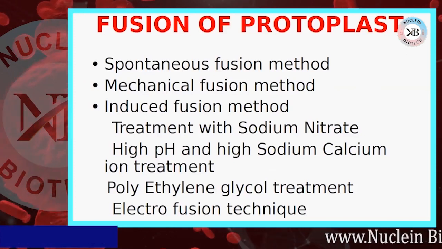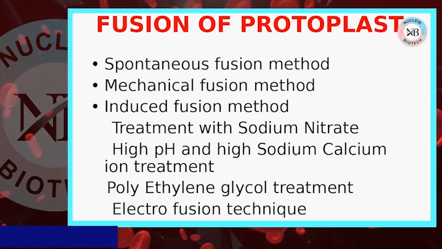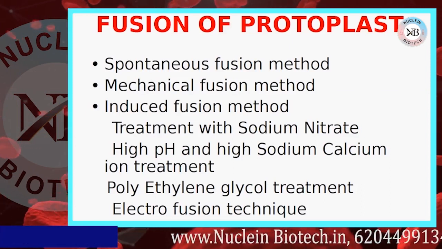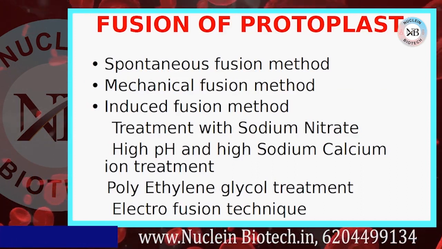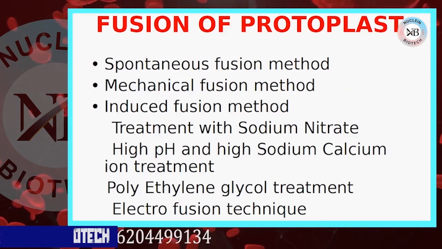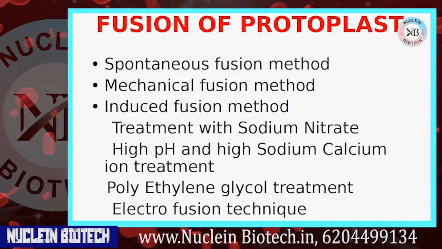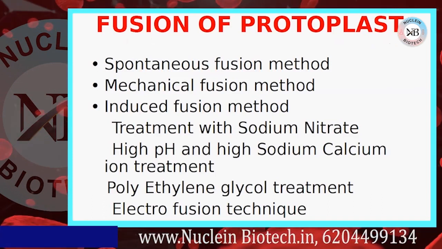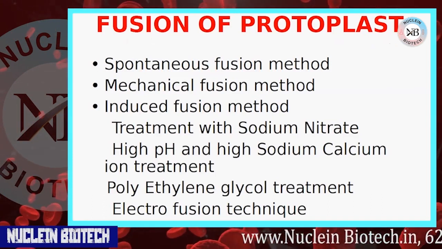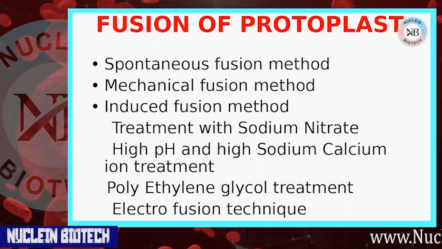The frequency of homokaryon formation was found to be high in protoplasts isolated from dividing cultured cells. Spontaneously fused protoplasts, however, cannot regenerate into whole plants except undergoing a few cell divisions. So here is the word homokaryocytes, which means cells which are multinucleated.